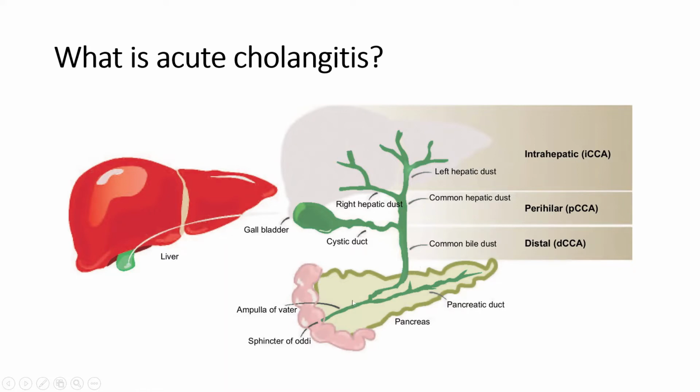In the pancreas, the common bile duct will combine with the pancreatic duct and finally enter the duodenum as the sphincter of Oddi. So here there is the head of the pancreas, there is the sphincter of Oddi, and the duct system here.